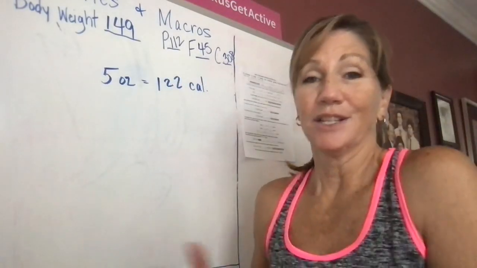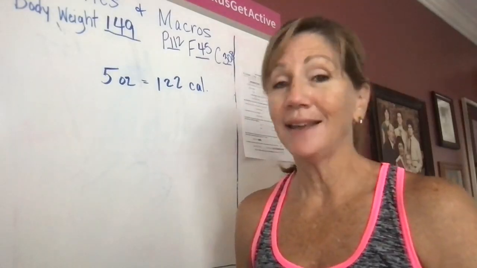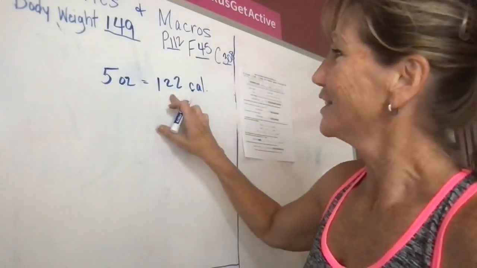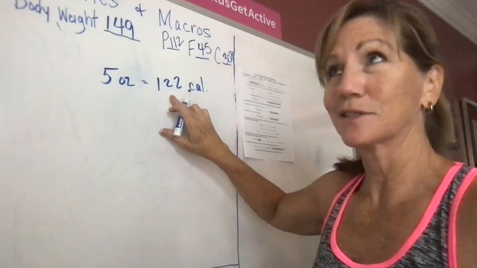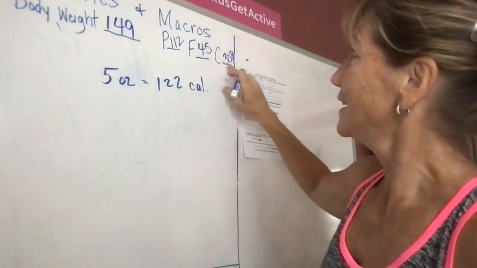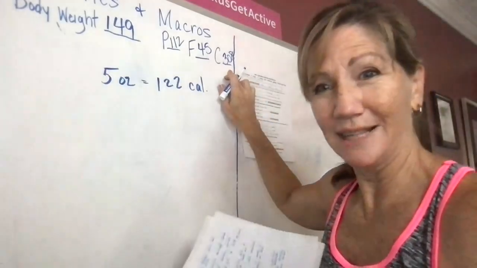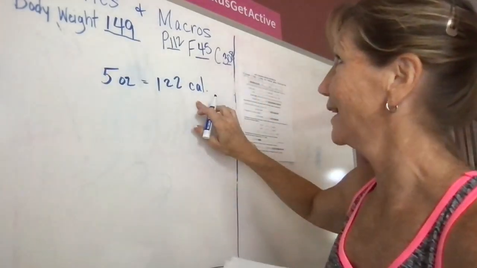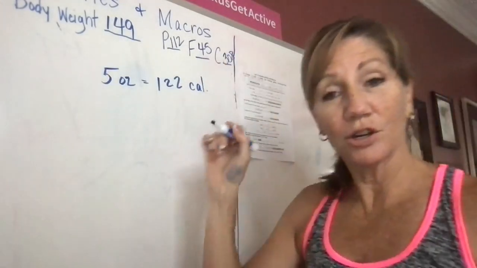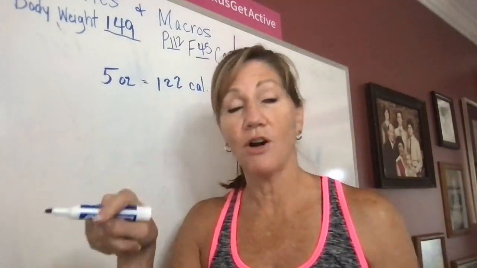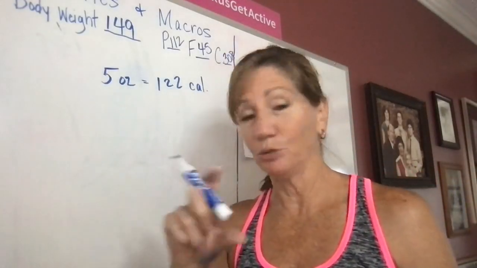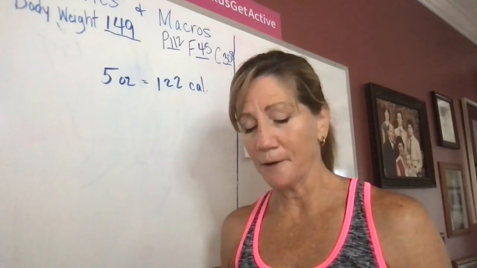So let's say you have 3 glasses of wine. That's going to be 15 ounces. 3 times that is 366. And that's coming out of your carbs. Well, that's calories, and I should go back and check. But the carbs listed will be on the bottle of wine. It'll say how many carbs in one.